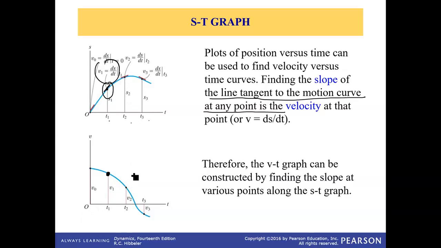We do the same for the other point, and for the third point, and then we join this series of slope points and generate the velocity graph. So the derivative of a graph is nothing but the slope of the graph at that point.